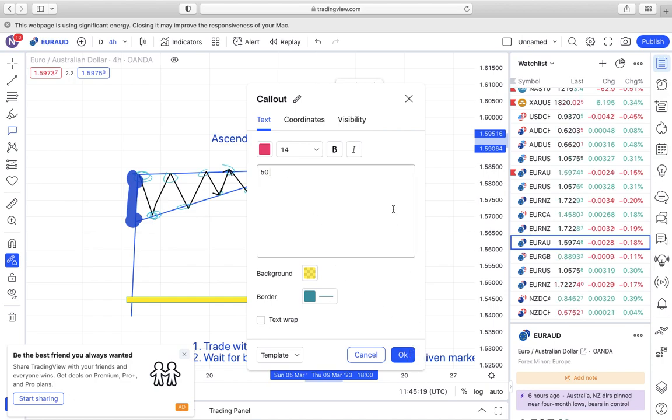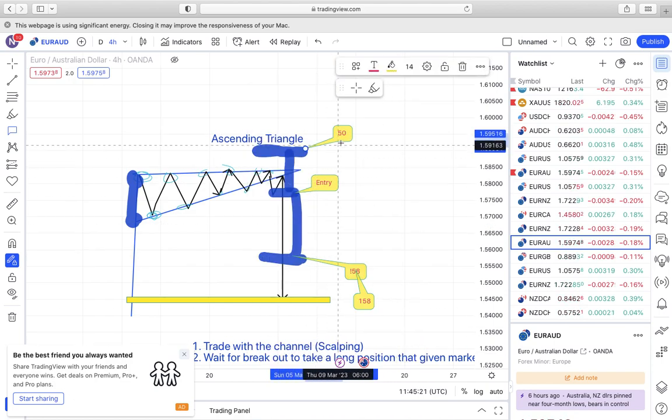Now this trade is 1:2 because you are risking 50 pips to make 158 pips. Very good trade, which means every $1 you risk in the market, your return is $2. That is a very good trade, which you can take, which is very reasonable.